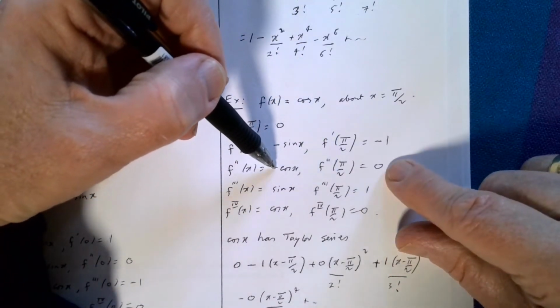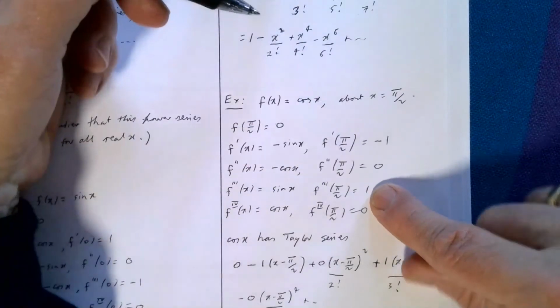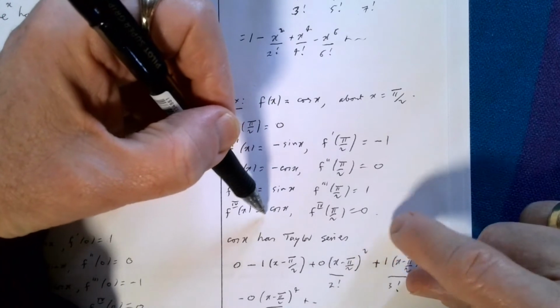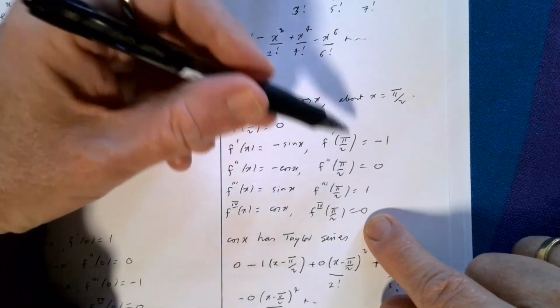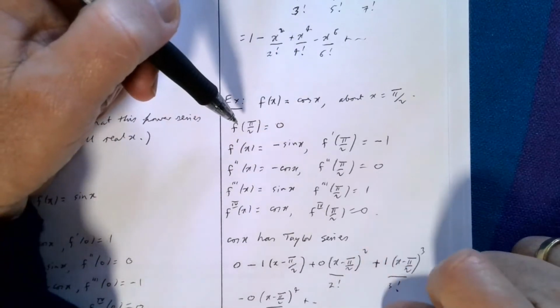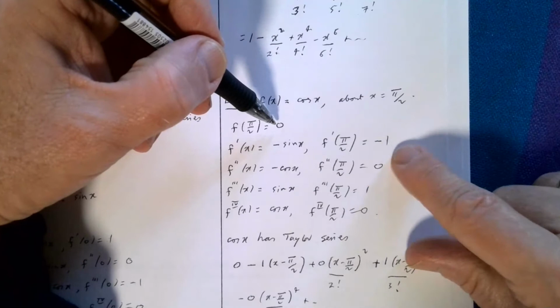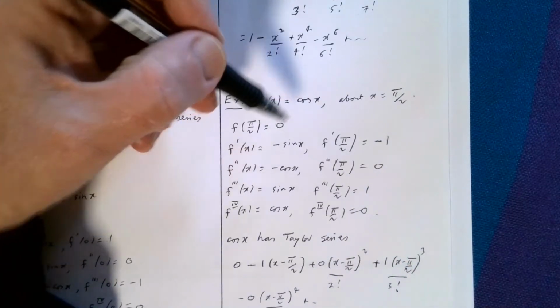You differentiate minus cos, you get sine. Sine of 90 is 1, so you get a 1. Differentiate it again, you get cos. Cos of pi on 2 is 0. And you do it so you're back to where you started from. So the pattern's going to be 0, minus 1, 0, 1, 0, minus 1, 0, 1. It's very similar to what we had with the sine.